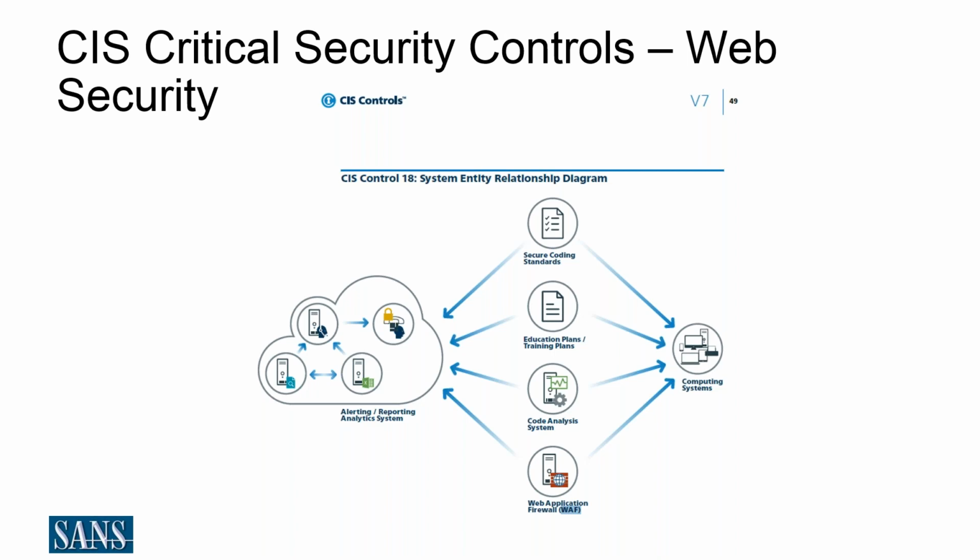You can see web application firewall down at the bottom, code analysis or application security vulnerability testing, educating developers in security above that, and secure coding standards, which are back to some of those checklists. These are still the key ways of achieving basic security hygiene on our web applications.